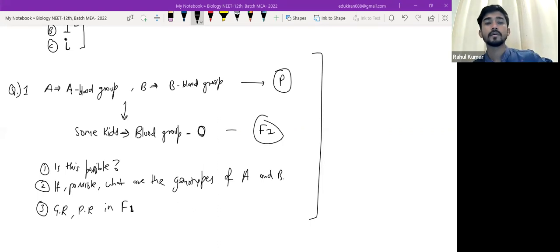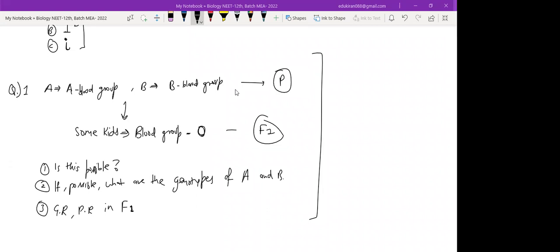Okay, Vijay, you are done? Yes. Was it easy? The first and the second part was easy. The third part also, the genotypic ratio is easy, but the phenotypic one.